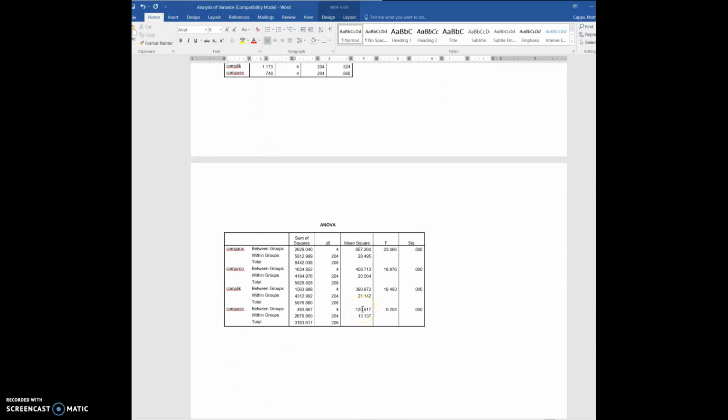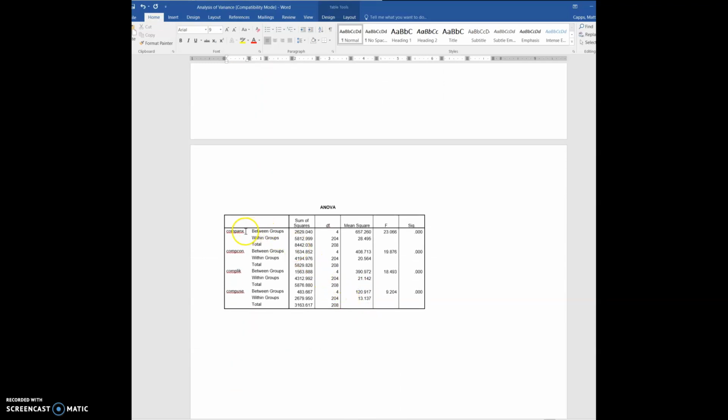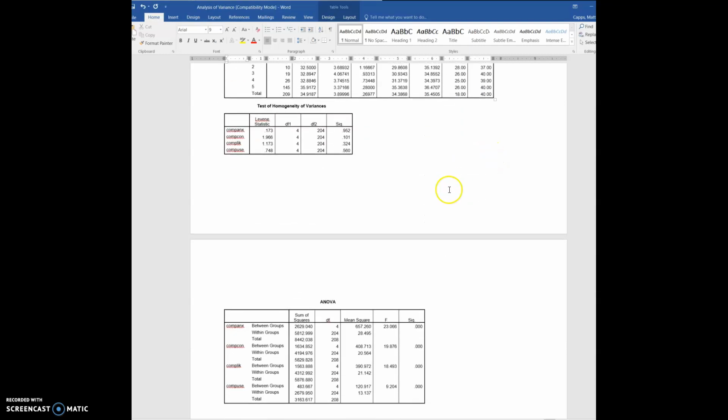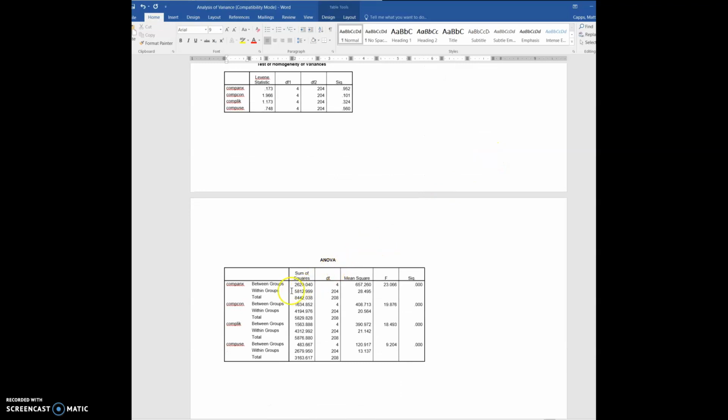So here's the ANOVA. What this tells us is for computer anxiety, we had 5 groups, but not everybody within the groups has the same score. Look at the range on these: 13 to 30, 11 to 34, 20 to 40, 16 to 39, 20 to 40. What we really want to know with an ANOVA is the difference between the groups, the 5 groups from no experience up through a year or more of experience.